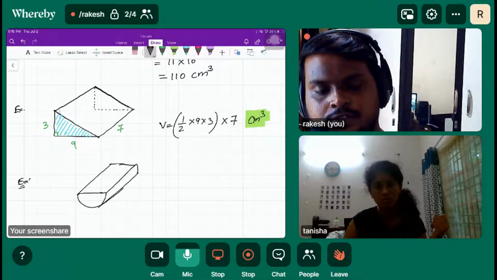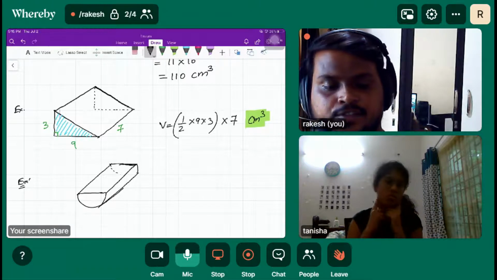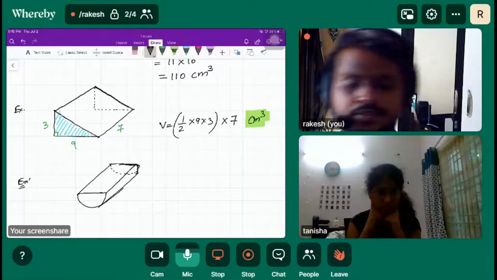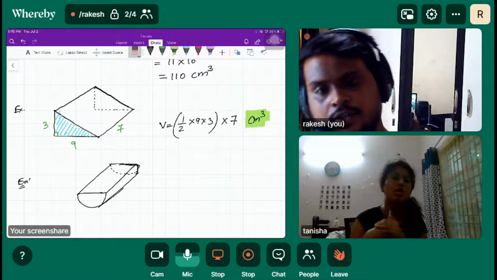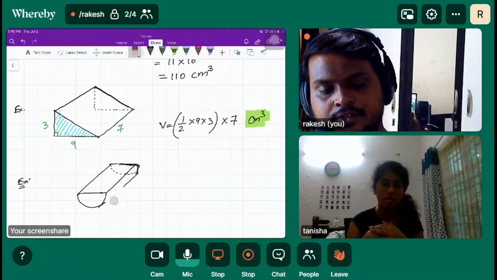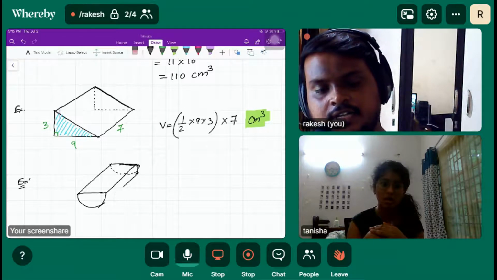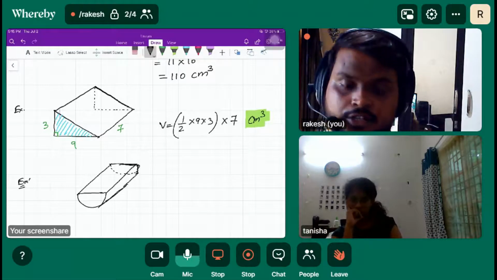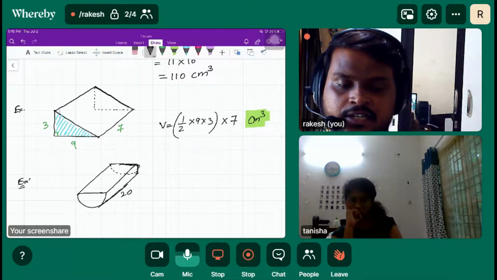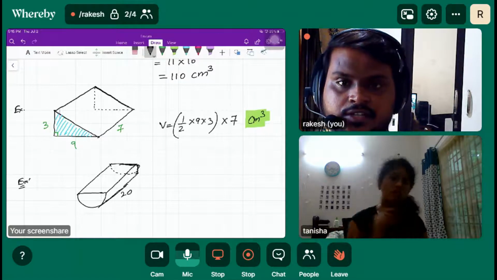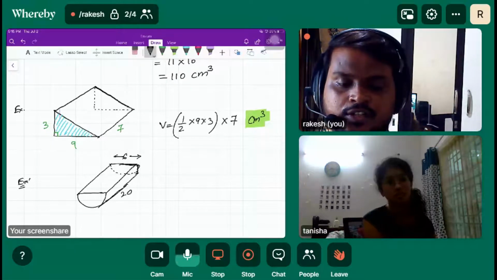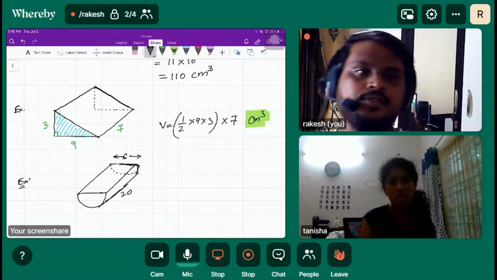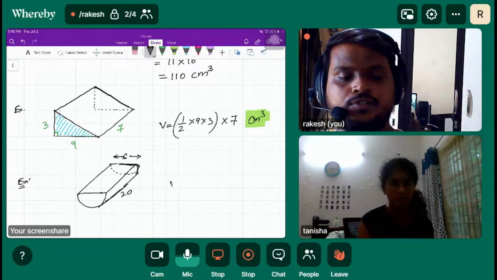Okay, so you can imagine that this is basically a prism. Is this half a cylinder? Yeah, it's a half cylinder, and the dimension of this is basically 20 centimeter length, and the radius of this is 6 centimeter. Okay, no, not that radius, that's basically the diameter of the half circle. Okay, so what is the volume?